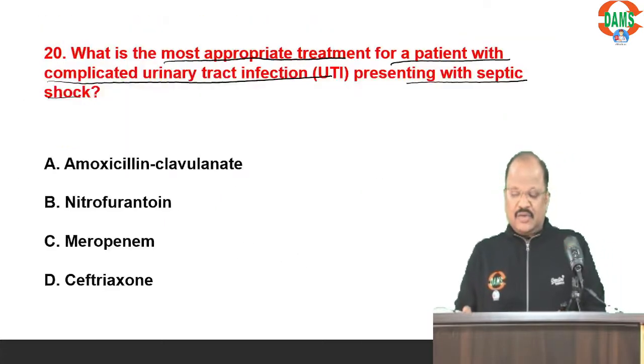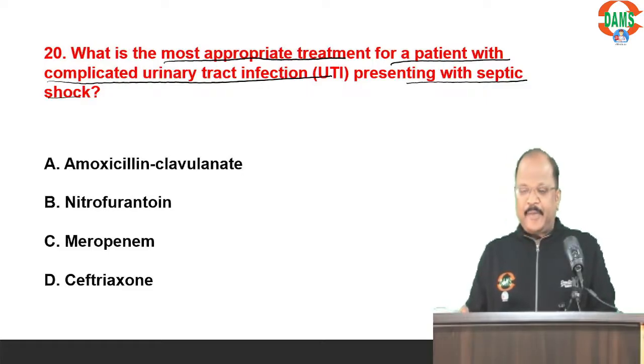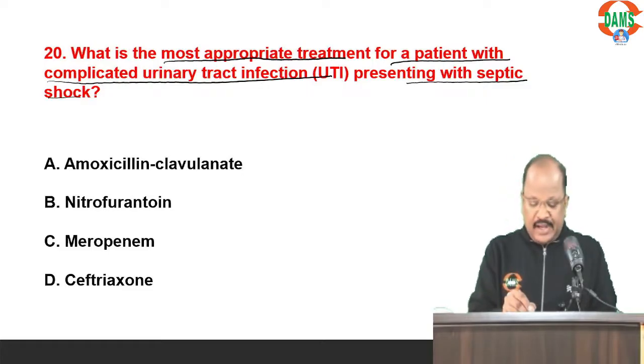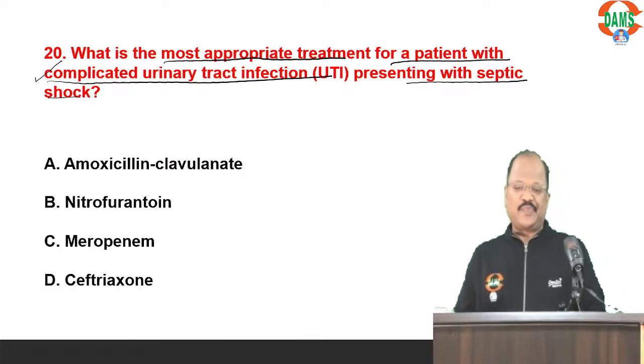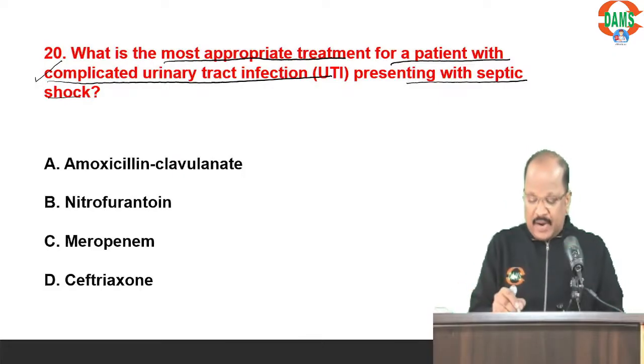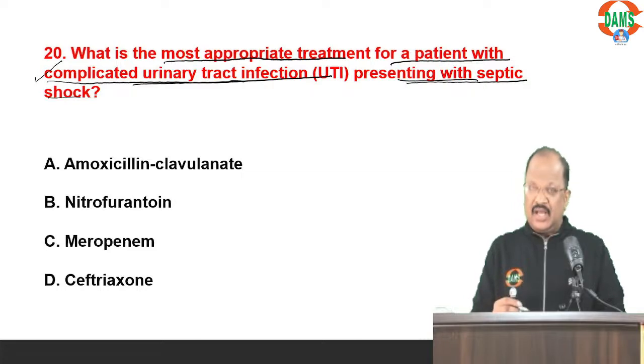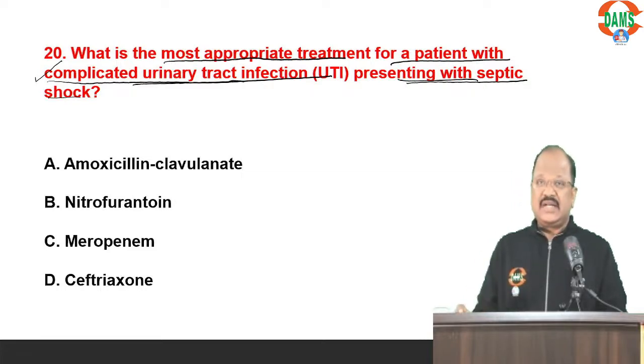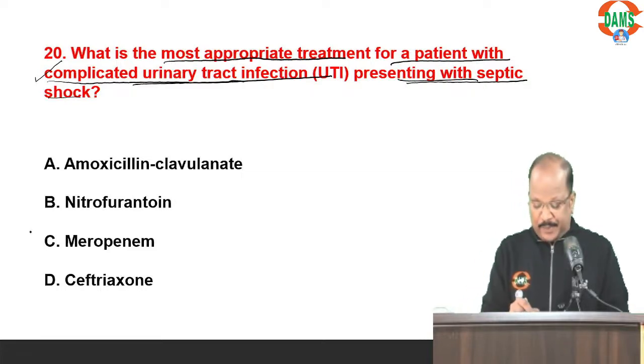Now, what is the most appropriate treatment for a patient with complicated UTI presenting with septic shock? For this case, complication with septic shock means go for the most extended-spectrum drug like meropenem. That's best.